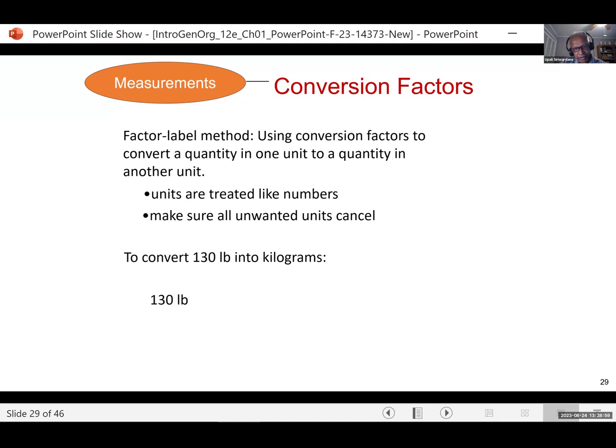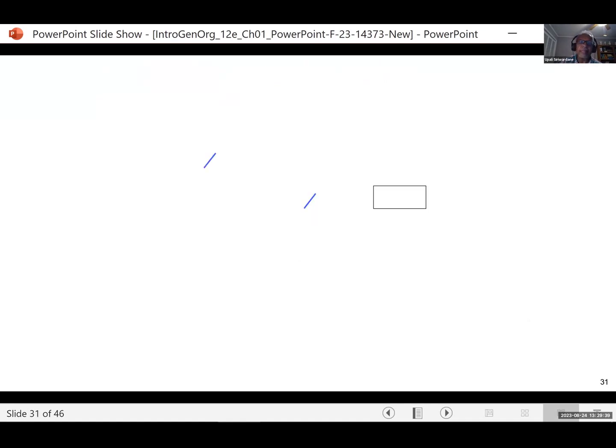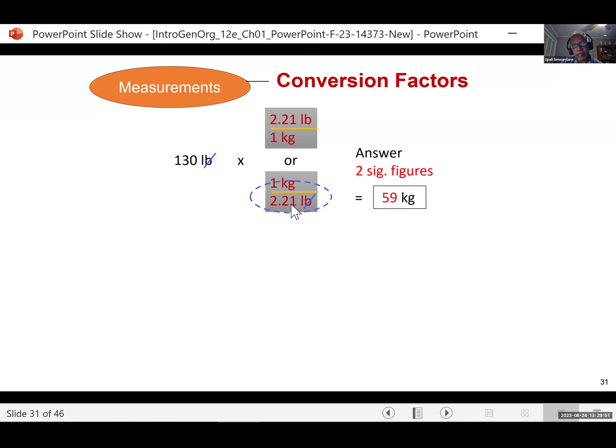You write down the 130 and use the conversion factor in a proper form. The conversion factor should have pounds at the bottom of it. So the fraction that has pounds in the bottom is this one. That's the conversion factor we are going to use to convert 130 pounds to kilograms. So this is the one we use because these pounds cancel out, not that one.